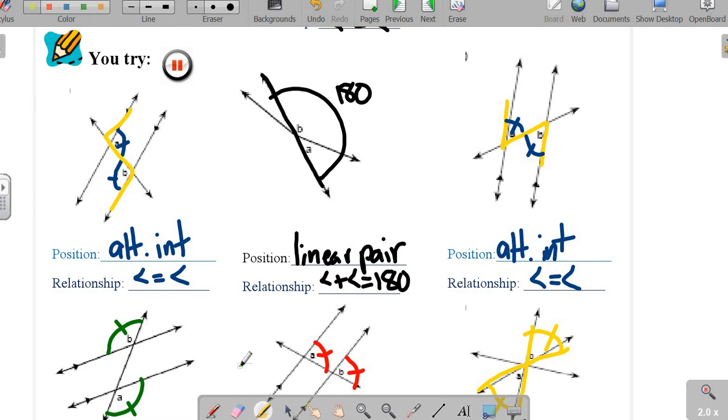The first one, these are alternate interior and they are congruent. These guys are a linear pair, share a spine, make a line. They add up to 180. These are armpits of the Z, also known as alternate interior angles, and they are congruent.